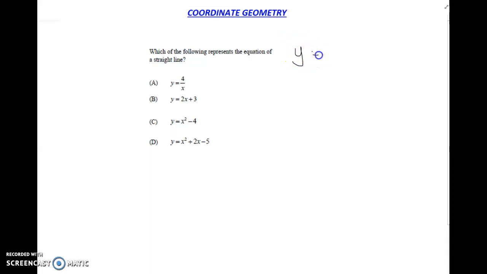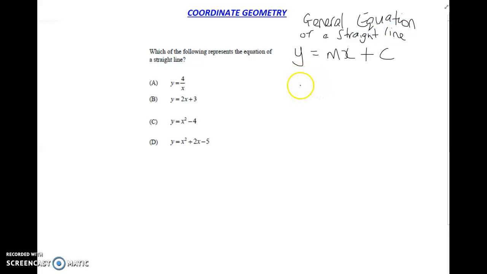So y equals mx plus c. This is the general equation of a straight line, right? So just to show you one thing quickly here.